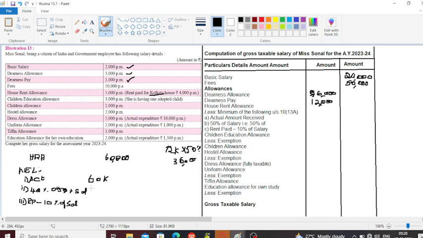Let me write here 36,000, 50 percentage of salary. And next one is rent paid minus 10 percentage of salary. Rent paid by Miss Sonal is 4,000 per month. If it is 4,000 per month, what will it be per annum? It is nothing but 48,000.